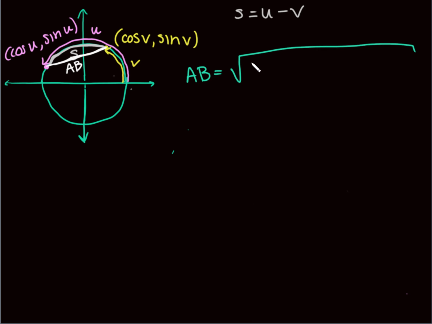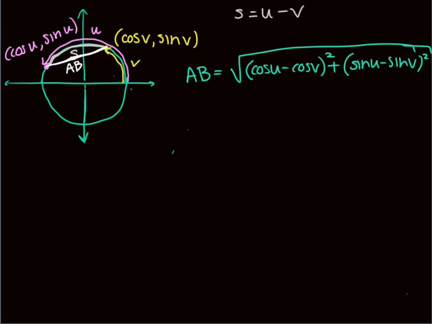You take your difference in x values, like cosine of u minus cosine of v, so it's x2 minus x1, quantity squared, plus y2 minus y1, so sine of u minus sine of v, quantity squared. That's just the distance formula, and I'm just using my x values and my y values for the points that I know I'm at.